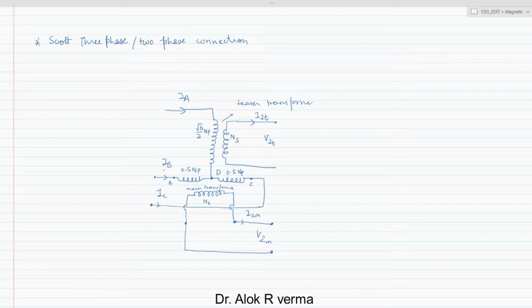Now the phasor diagram, if you look clearly, we can clearly identify the three-phase to two-phase conversion.